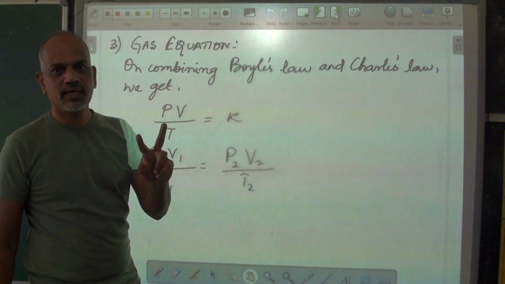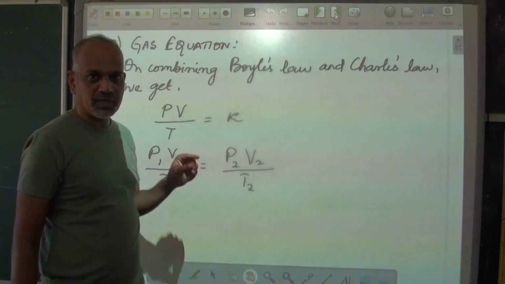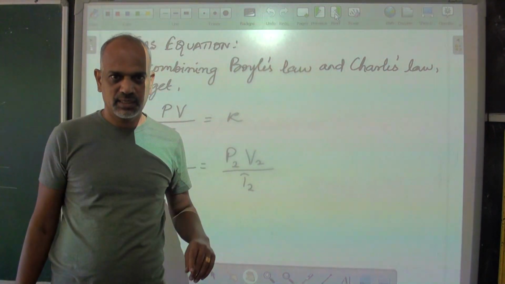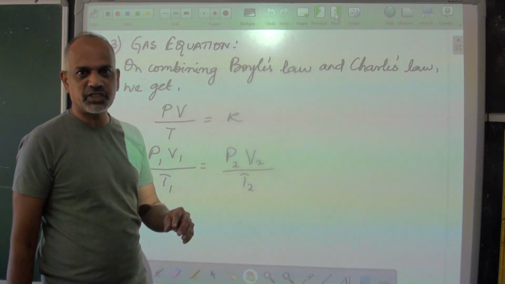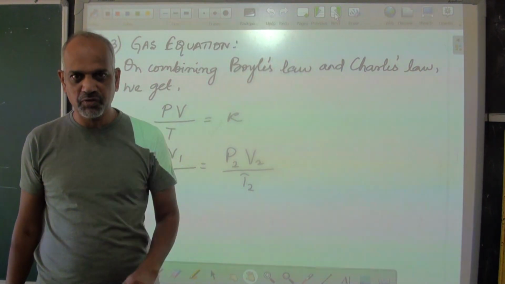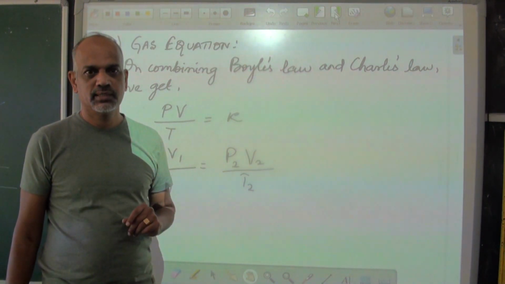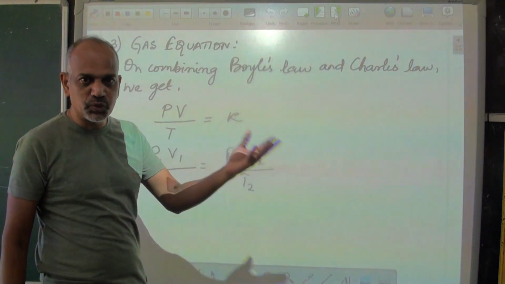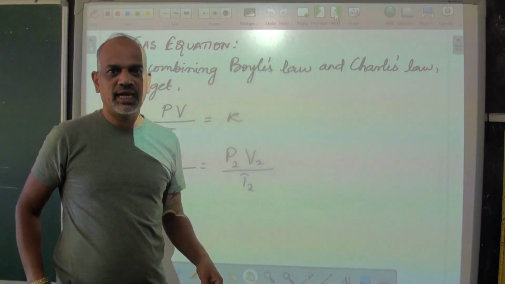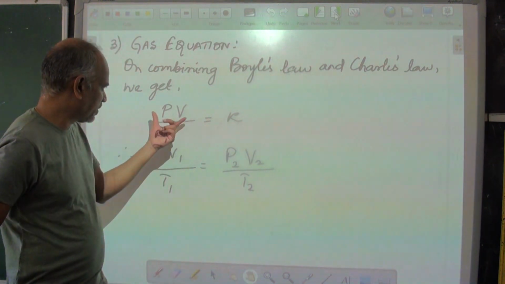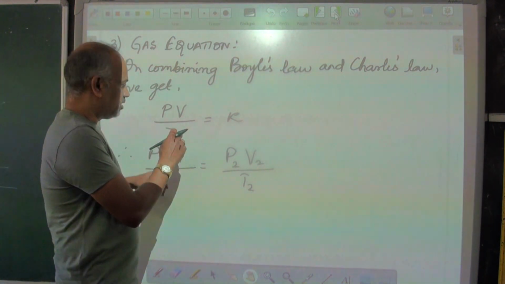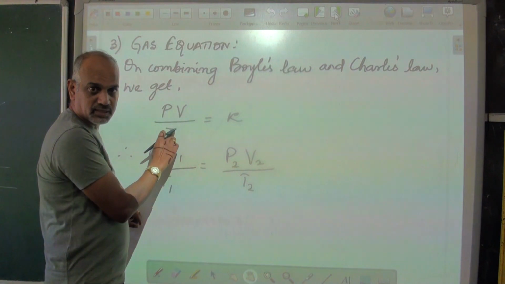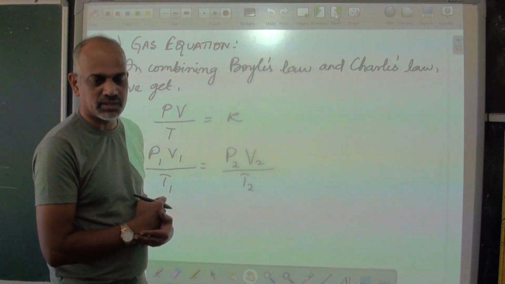So if I take pressure, volume and temperature in two different places, in the classroom the pressure was P1, volume was V1, temperature is T1. And in some other place, the pressure was P2, volume is V2 and temperature is T2. Then, if you put those values in this, it will always remain constant.